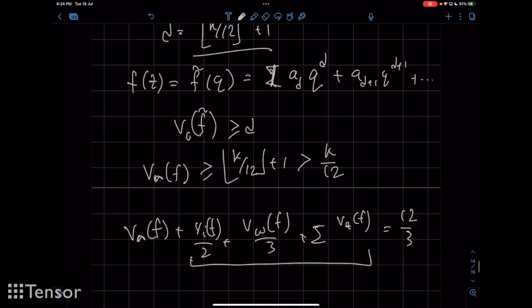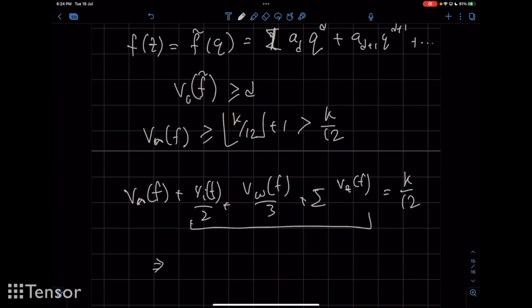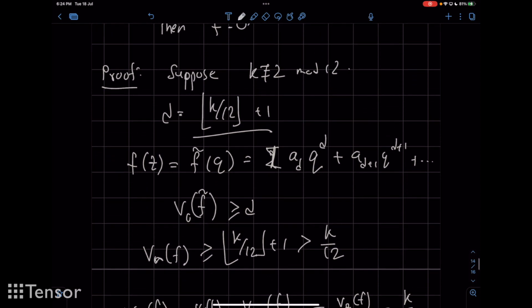So these terms are non-negative. Therefore, why did I write 12 over 3? It should be k over 12. Sorry. So, of course, v infinity of f plus some non-negative terms is k over 12. That means k over 12 is larger than or equal to v infinity of f. Right? But here we have proved that this is this. It's a contradiction.